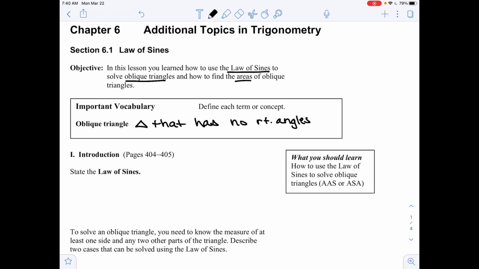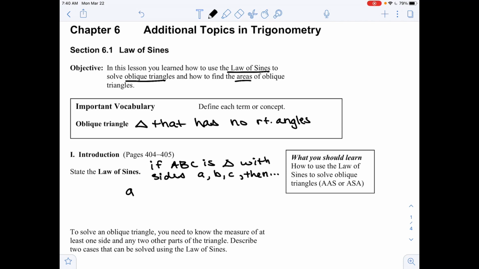State the law of sines. So we know if ABC is a triangle with sides a, b, and c, then we know this.